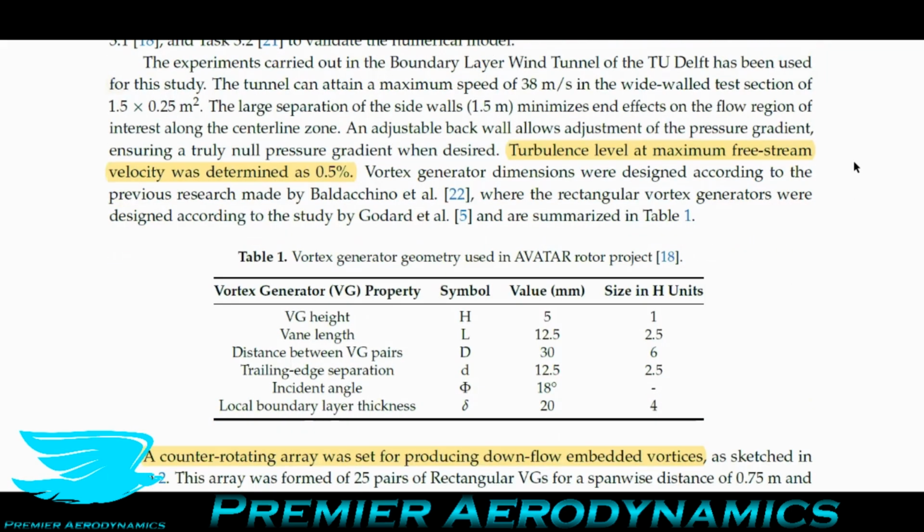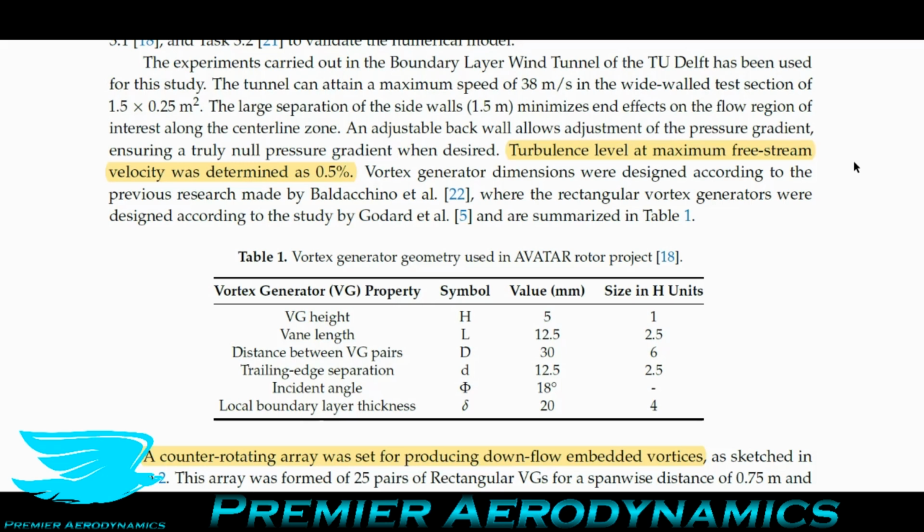This is interesting here. They said a turbulence level at maximum free stream velocity was 0.5%. The reason why this is interesting, it may just seem like a general tidbit of information, but it is quite important because we're talking about flow separation. Over a surface, an airfoil for example, the turbulence intensity will affect the angle of attack at which the object will experience stall.